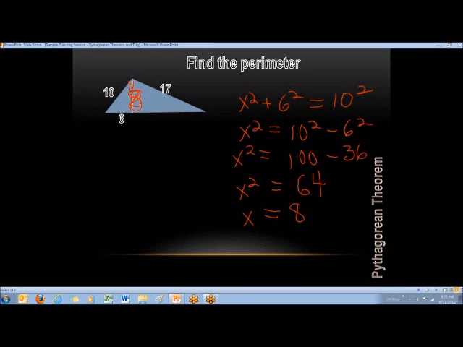Then to figure out the line next to 6, let's give it a name.